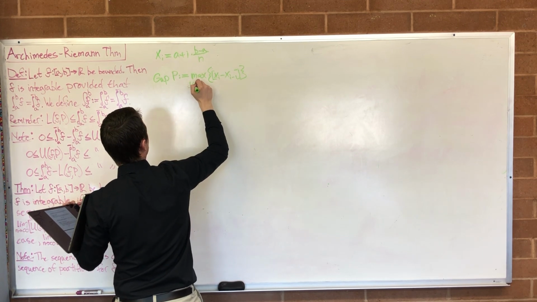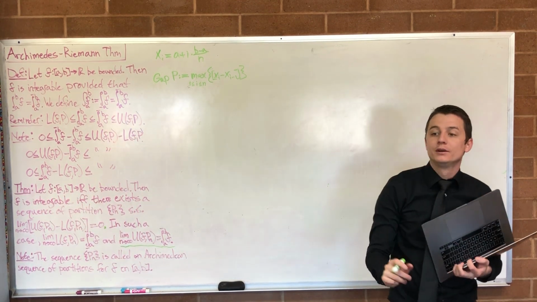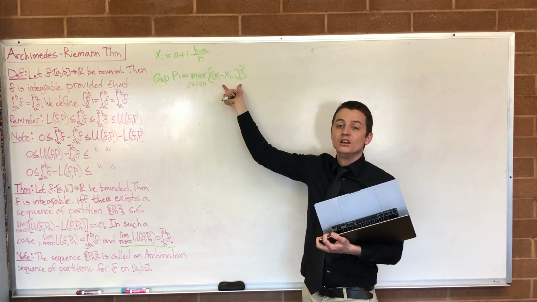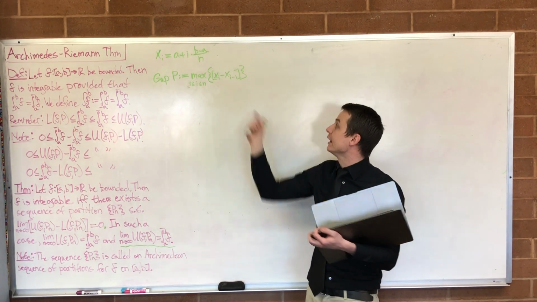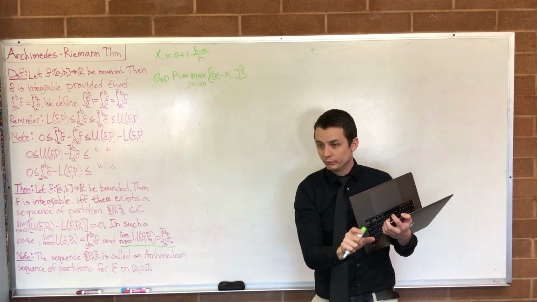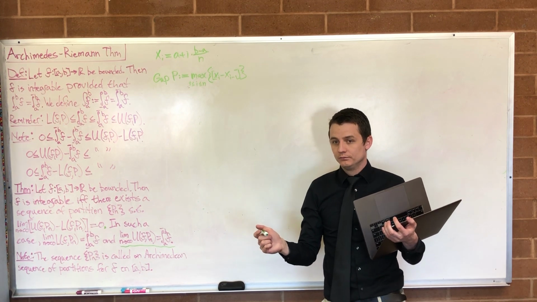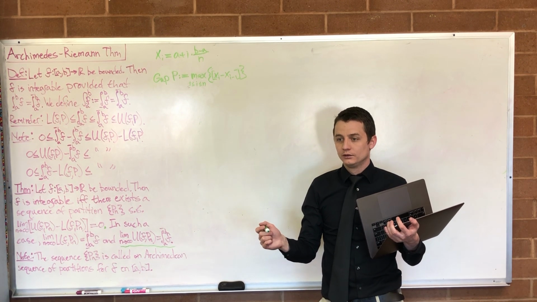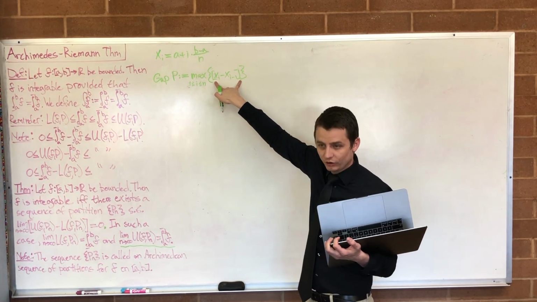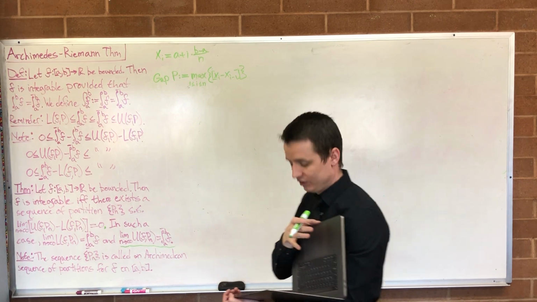So 1 less than or equal to i less than or equal to n. The gap is your largest interval. That's all it is. It's not the largest length of your interval, it's actually the interval. So it's not a number, it's an interval. It's the largest interval. So that is still a closed interval, and it's the largest of those, assuming that we have some way of talking about the largest, which would be the absolute value of their difference.